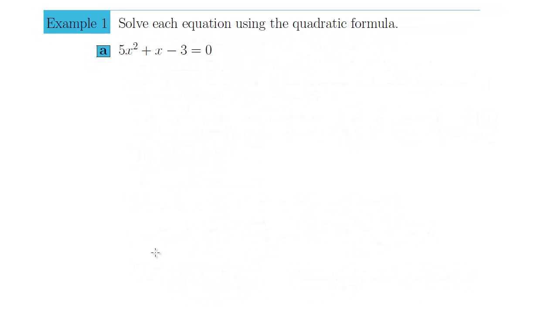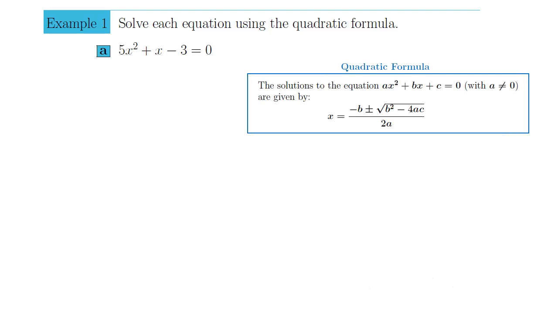Let's now work through several examples together. Example 1a. Solve the quadratic equation using the quadratic formula. 5x squared plus x minus 3 equals 0. Recall, our quadratic formula says that the solutions to the equation ax squared plus bx plus c equals 0 are given by the formula x equals negative b plus or minus the square root of b squared minus 4ac all over 2a.